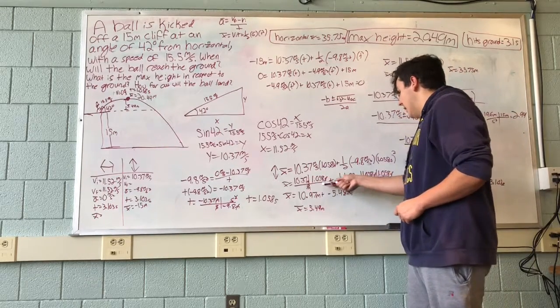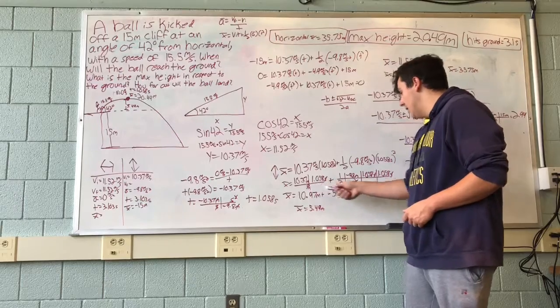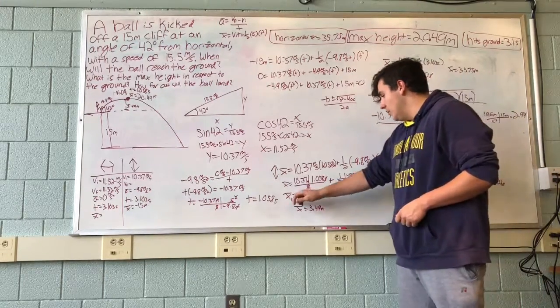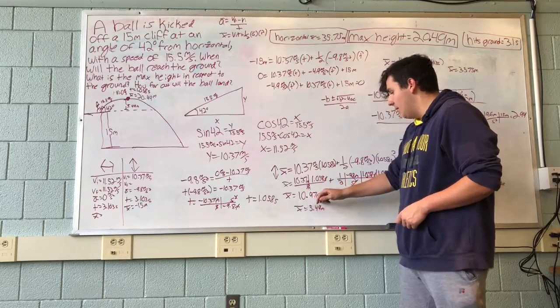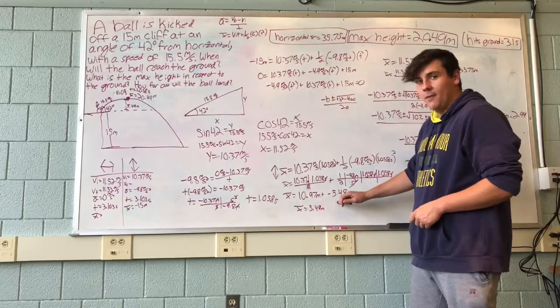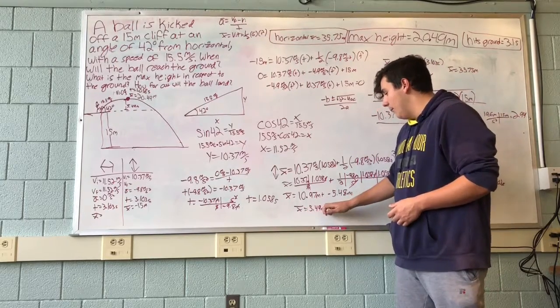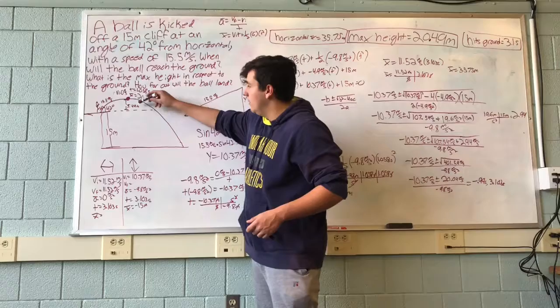Do your unit analysis. Your units cancel out, seconds cancel with seconds squared. You have your displacement is equal to 10.97 meters plus negative 5.48 meters. And that would give you a displacement of 5.49 meters from here to here.